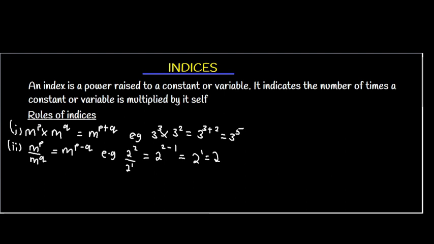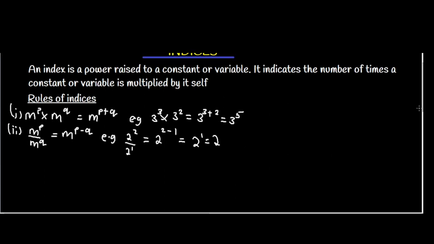Let's call it the third rule. If we have a number m, or any variable or constant m, to power p, but after being to power p, the whole of this can also have another power like q.